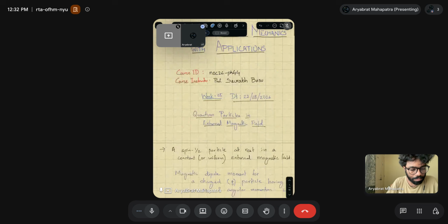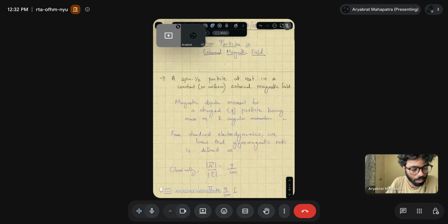First of all, a little bit of background to start off with. We'll rely mostly on the spin-half particle. So what is interesting about the spin-half particle? Suppose you have this spin-half particle at rest, and then you introduce a magnetic field.